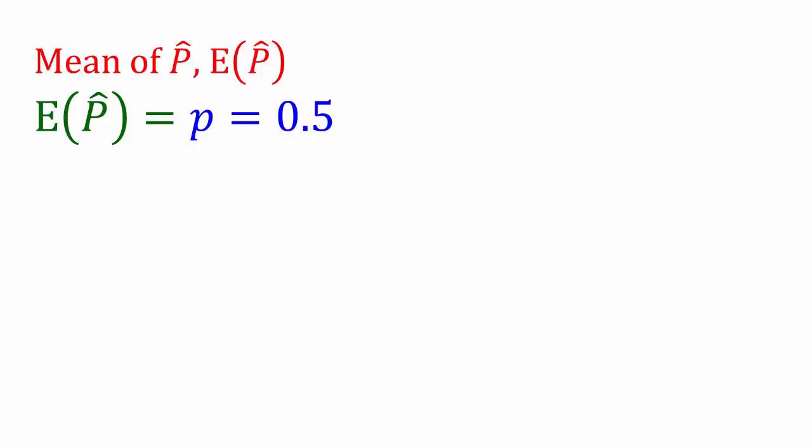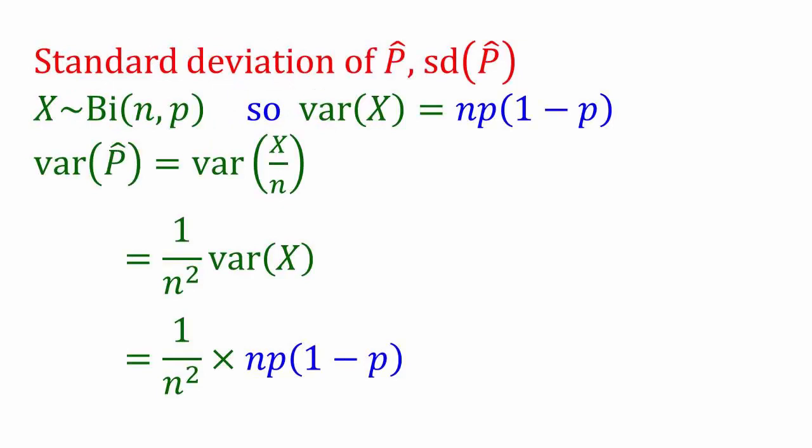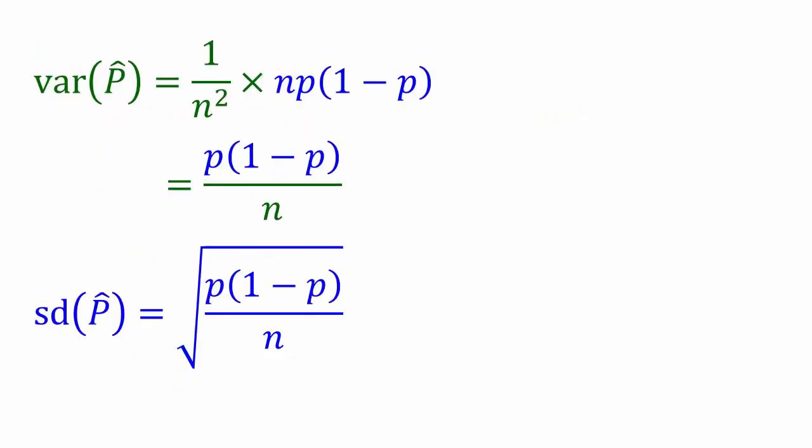Right, so the standard deviation. Now, the standard deviation is a measure of the spread of the distribution, and once again, from some algebra, we can derive that formula as well. Because x is binomially distributed, the variance of x is np times 1 minus p. If I substitute that for the variance of x, one of the n's cancel, and I get that the variance of p hat is p times 1 minus p over n.